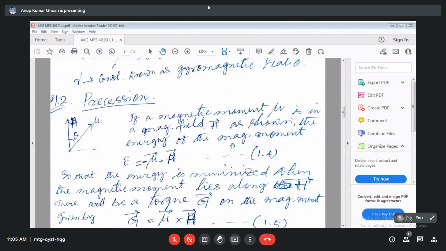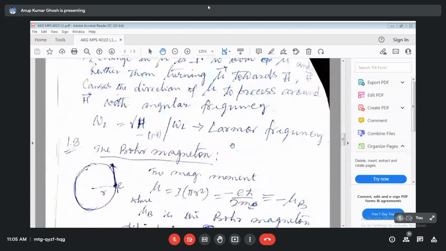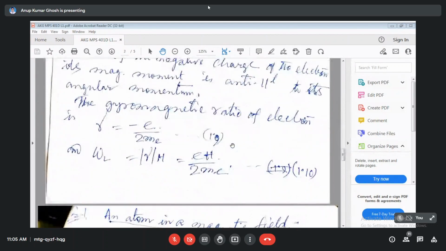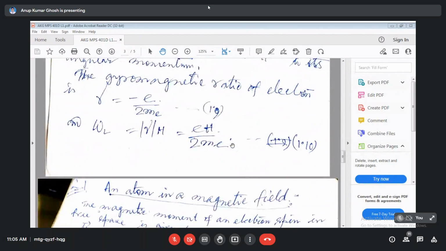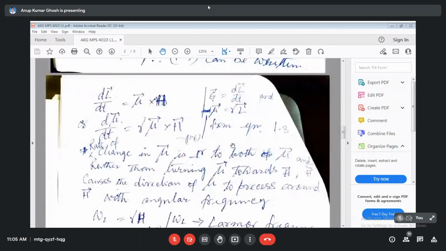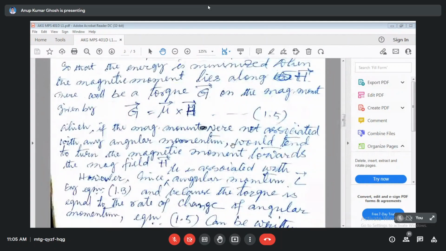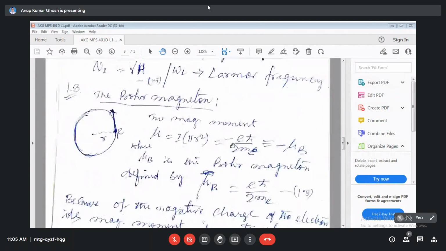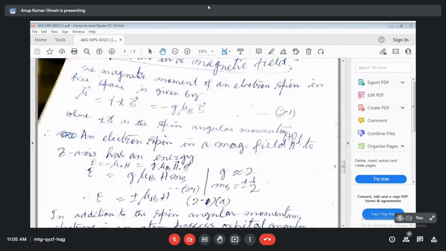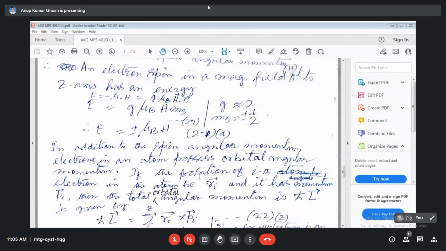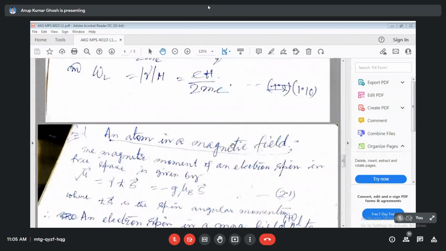So mu and angular momentum L, considered for the electron, is in general gamma into L. If it is an electron, then the angular momentum and the magnetic moment will be antiparallel.